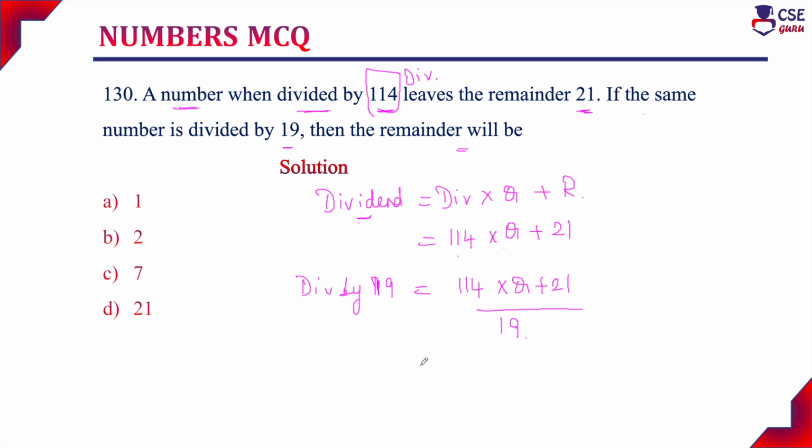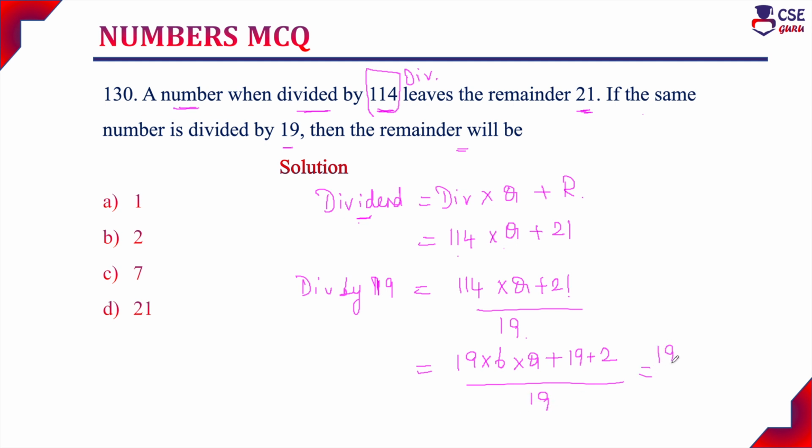Take the numerator in terms of 19. 114 is 19 into 6, so 19 into 6Q, plus 21, which we write as 19 plus 2, divided by 19.